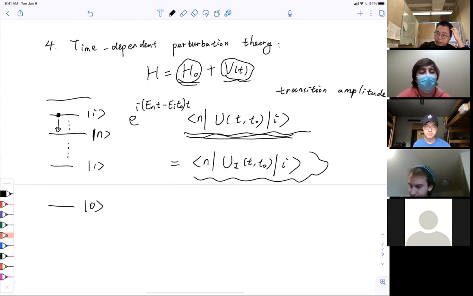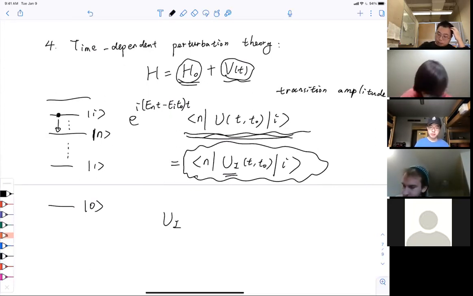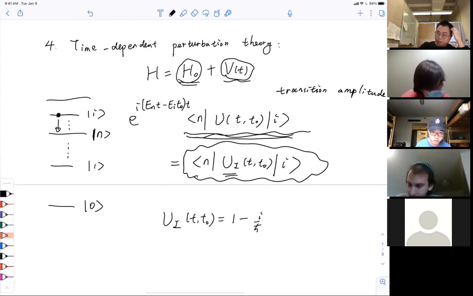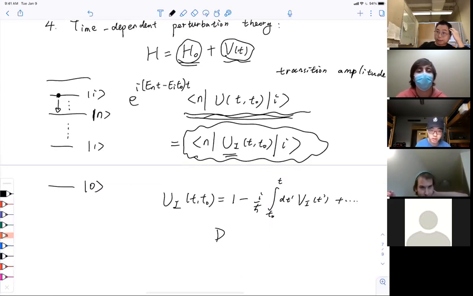This quantity can be easily calculated, because U_I(t, t_0) equals 1 minus i over h bar, the integral from t_0 to t of V_I(t') dt'. This is known as the Dyson series.